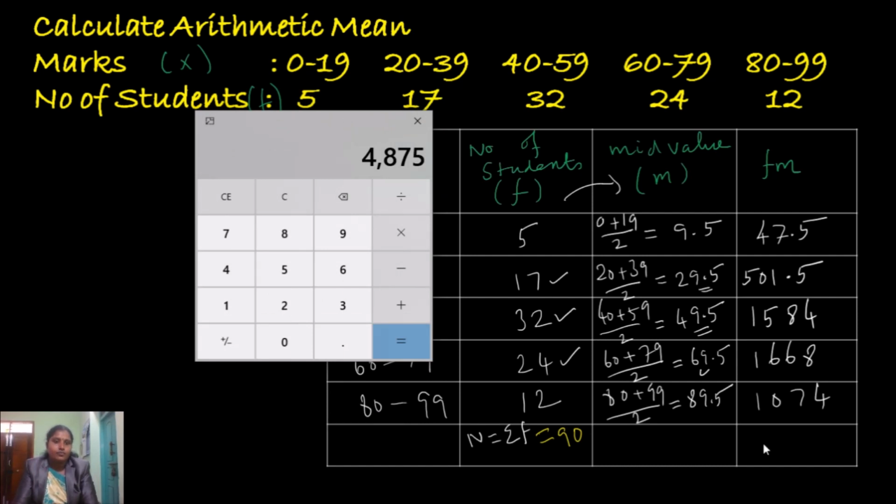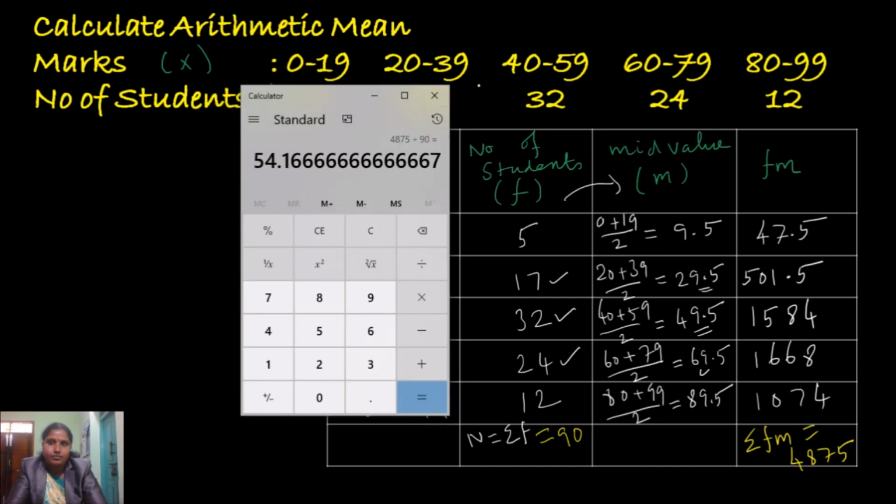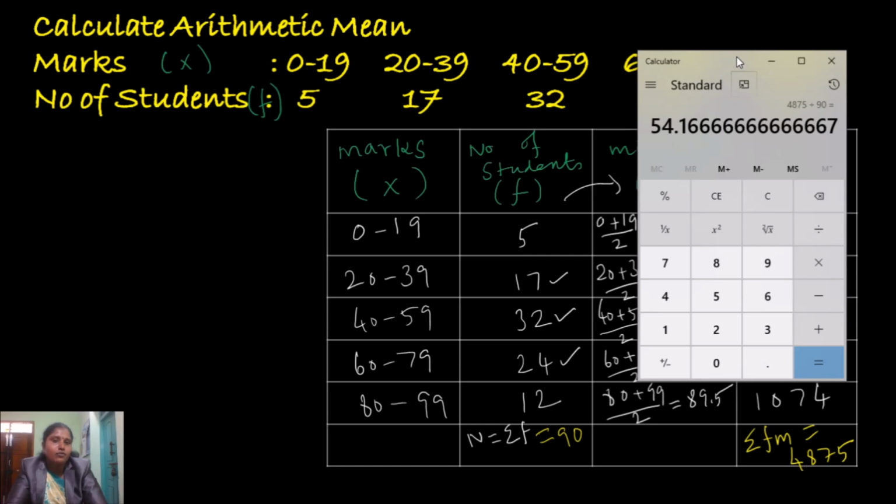So our sigma fm is 4875. And when we divide 4875 by 90, the sum of the frequencies, we have 54.166, that is 54.17.